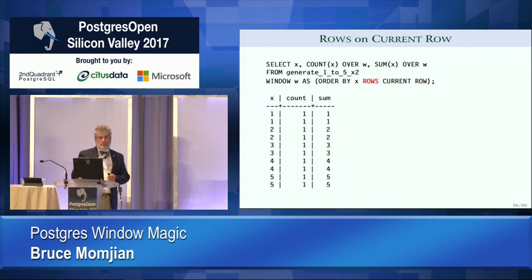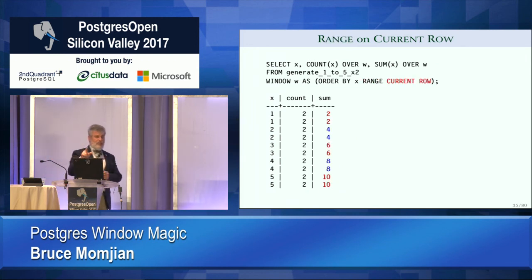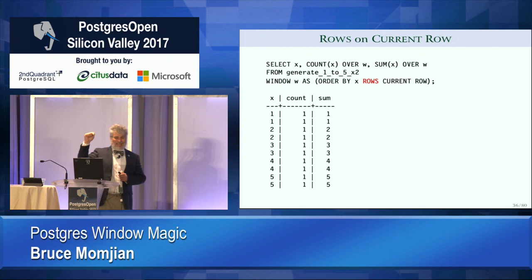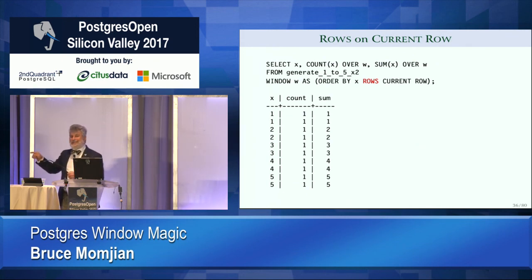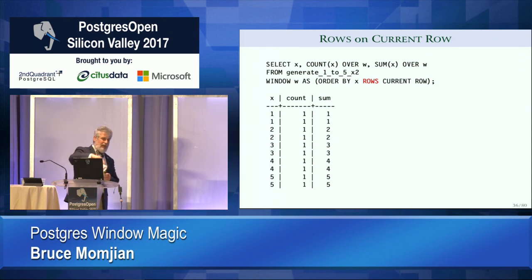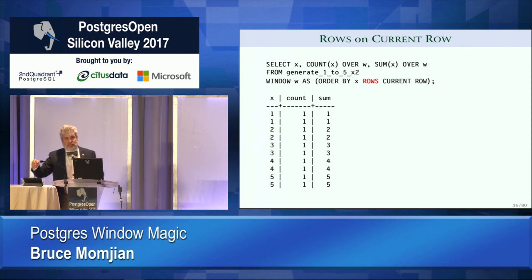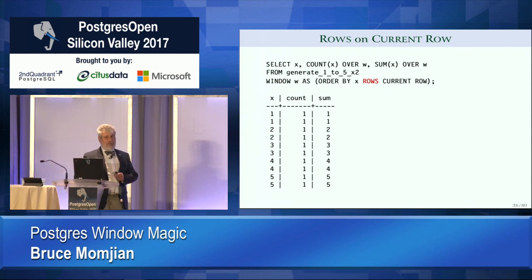Okay? If I switch from range mode into rows mode, I get exactly what I'd expect. First row sees only the first row, second row sees only the second row, third row sees only the third row. Part of the confusion is not only does order by affect what range mode does, which affects what current row means, but if you don't specify it, the default is range mode, which is the confusing one, right?